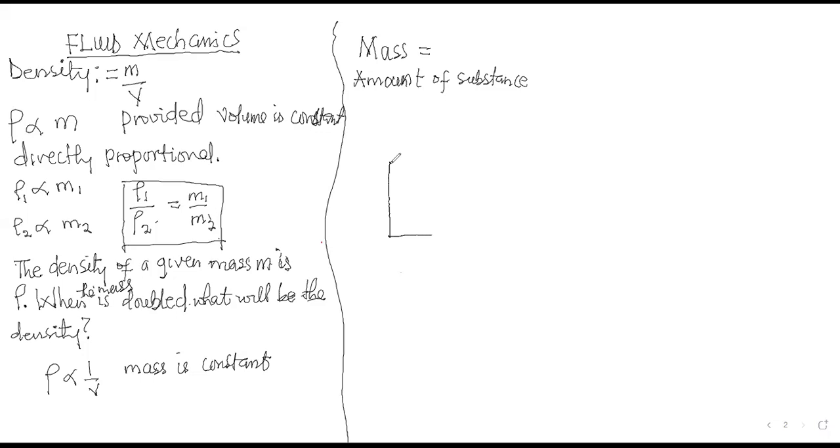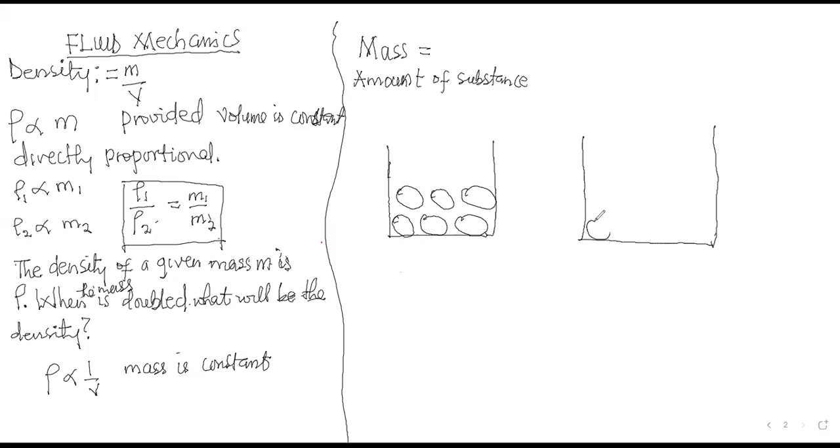Okay, so we have two different containers, a smaller one and then a bigger one. We have the same number of balls, X number of balls, of the same sizes.